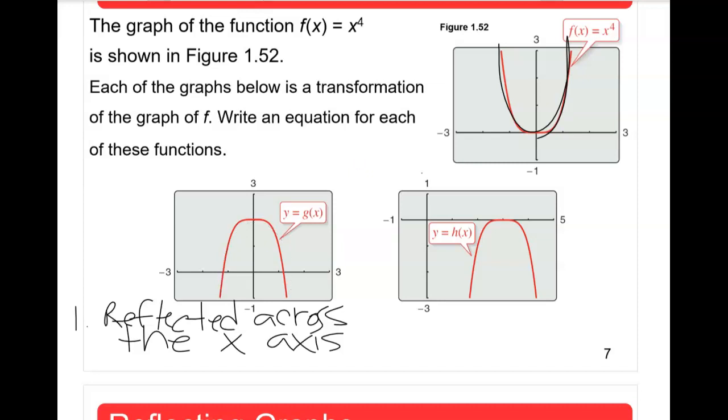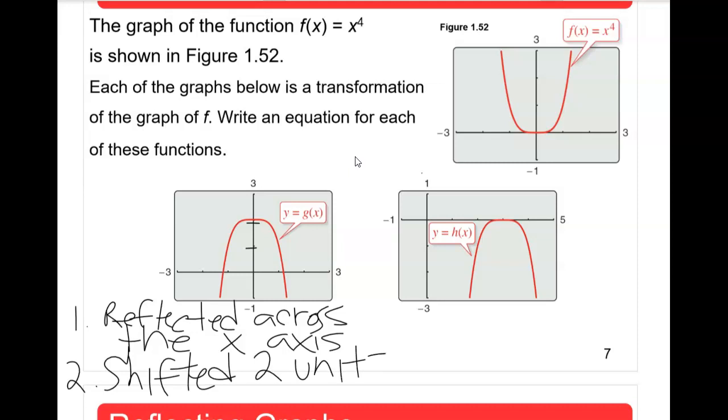So that's also considered a reflection across the x-axis. Also, it is shifted, and we're going to say 2 units up. So because it is reflected across the x-axis, we're going to make the y be negative.